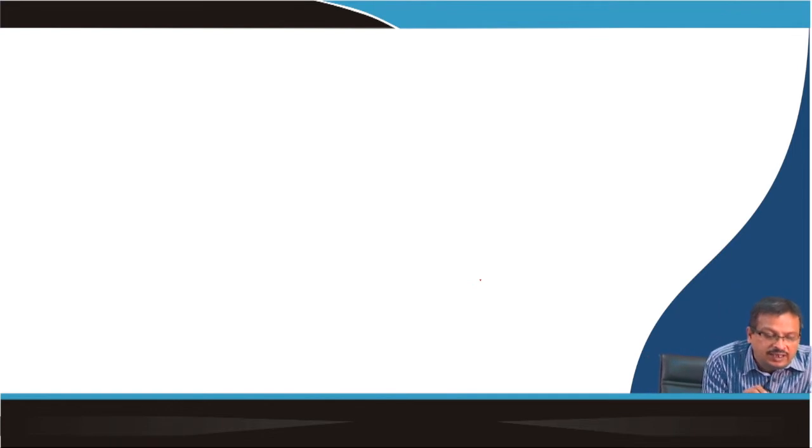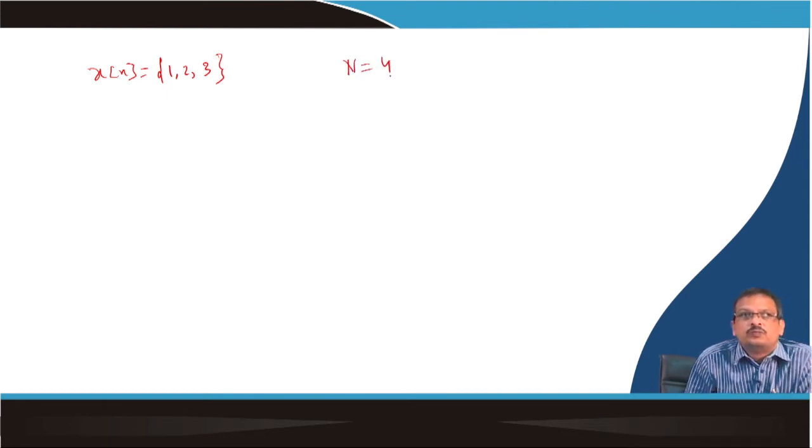Let us say I have a signal x[n] equal to 1, 2, 3, and I want to compute the 4-point DFT, N equal to 4.